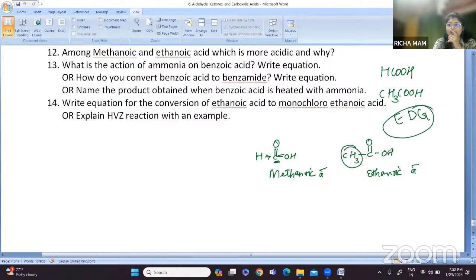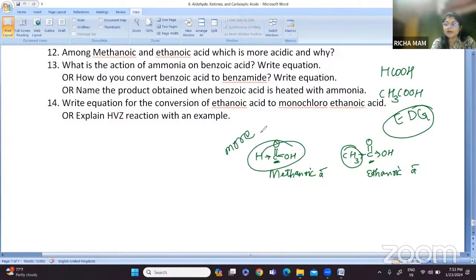This electron donating group is attached to the carbonyl carbon, so because of this it will decrease the polarity of the OH bond. So methanoic acid is more acidic.